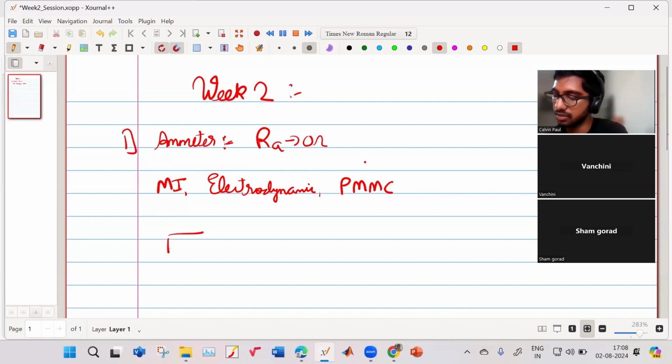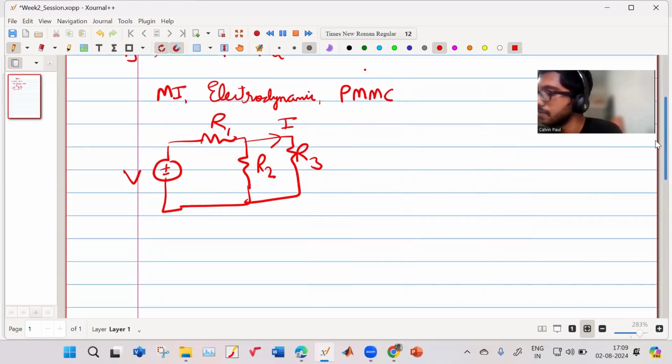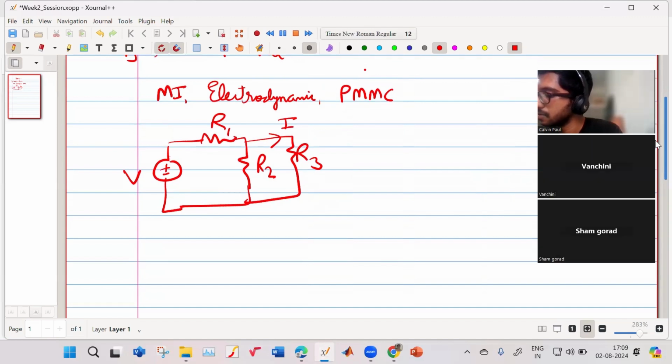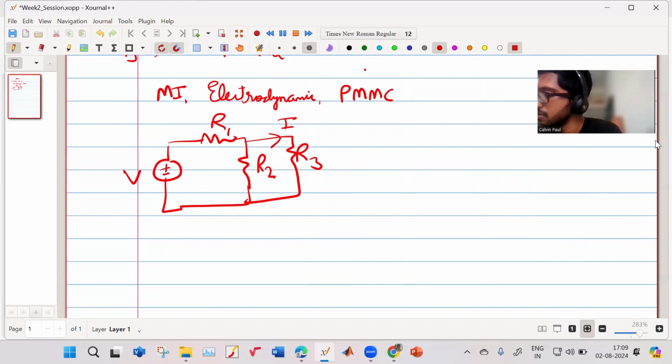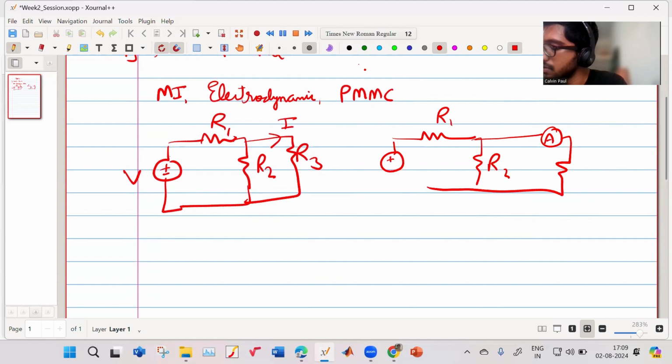Suppose this was your circuit and you want to measure this current I. You will have this R1, this R2, your ammeter like this over here, plus minus V, and your R3.